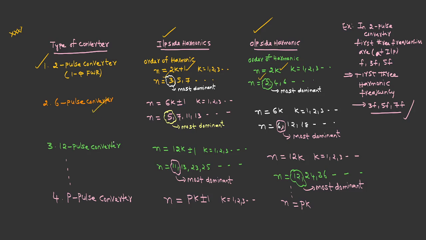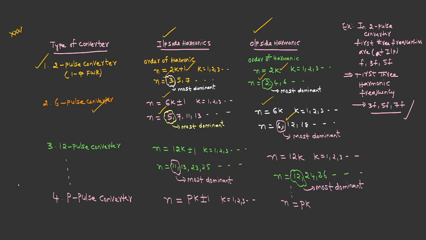In a 6-pulse converter, what are the input side harmonics? 6k plus or minus 1. What are the output side harmonics? 6k. Output side means DC side, input side means AC side, because in rectifiers input is AC and output is DC. In a 6-pulse converter, the most dominant harmonic at the input side is 5th order, and at the output side is 6th order.